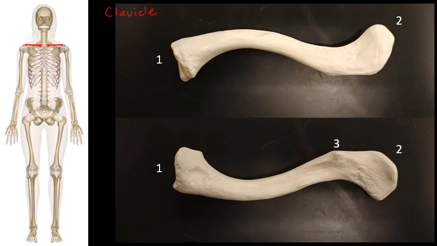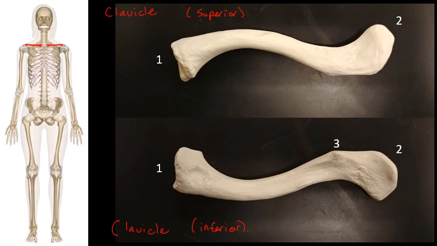And one of the objectives here is, as we're looking at it, we need to identify whether we're looking at a right or a left. Are we looking at this from an inferior or a superior view? Okay, so our top image, this is a superior view, so we're viewing the top. And on the bottom, this is inferior. Okay, both clavicles.